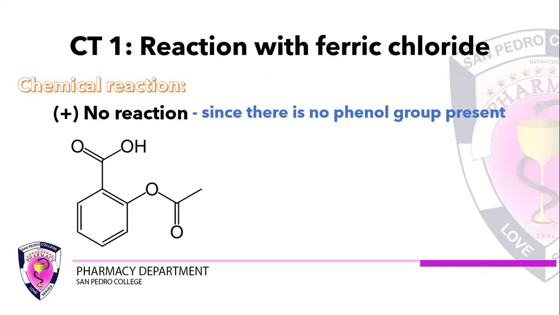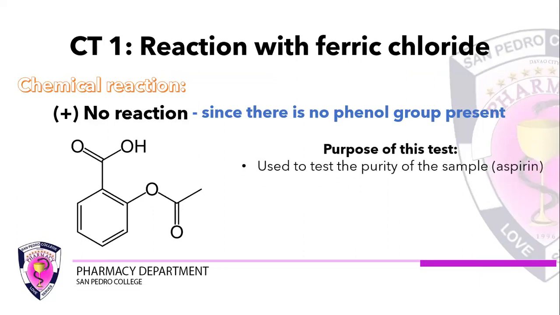Ang salicylic acid itself, it has a phenolic functional group. So the main purpose of this test for reaction with ferric chloride, it's to test the purity of the sample, or rather the purity of our product.